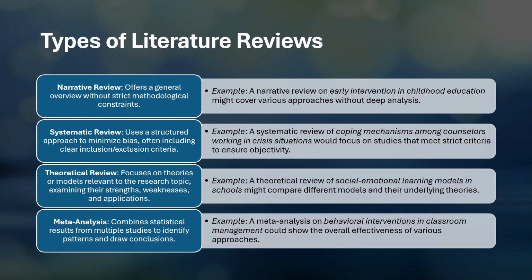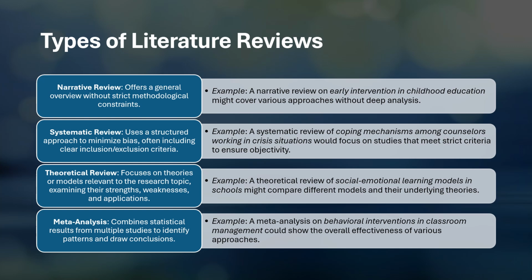So, for instance, a systemic review of coping mechanisms among counselors in crisis situations might only include studies that meet specific methodological standards. Then we have theoretical reviews, which focus on specific theories or models related to the topic. These reviews might compare different theories, like various social emotional learning models, to see which one offers the best framework.